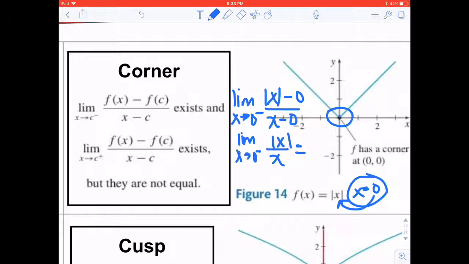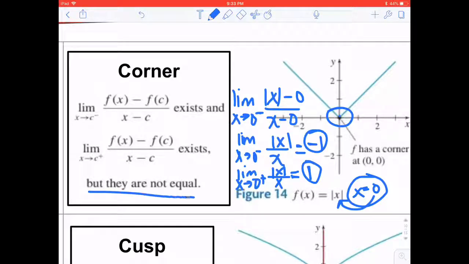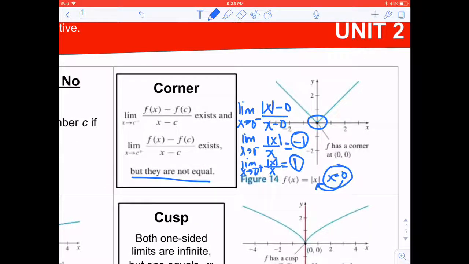And we're not going to go through exactly how to solve this, but this is going to be -1. And if you do the same thing for the limit as x goes to 0 from the right of this function, it's going to be +1. And so even though they both exist, we see that they are not equal, and therefore it's not differentiable.